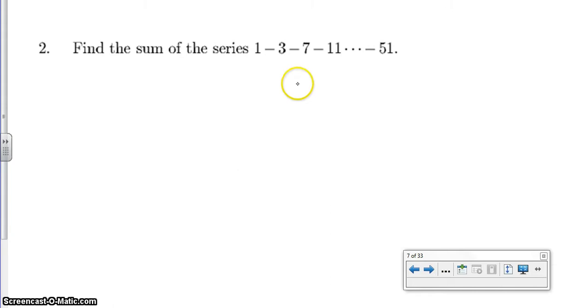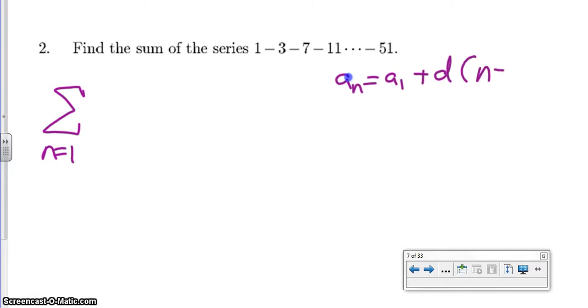The next problem is 1, negative 3, negative 7, negative 11, through negative 51. So I go ahead and write the summation. I know that I'm starting with the first term, and my final term, an, is equal to a1 plus d times n minus 1, and that's the last time I'm going to write that formula for you, so hopefully you'll remember it.